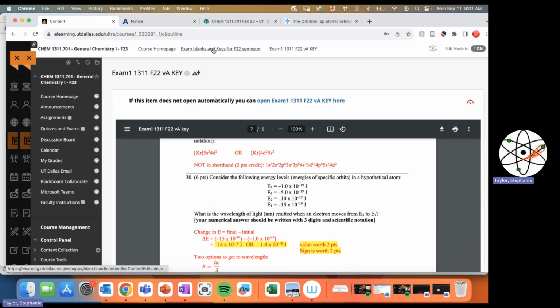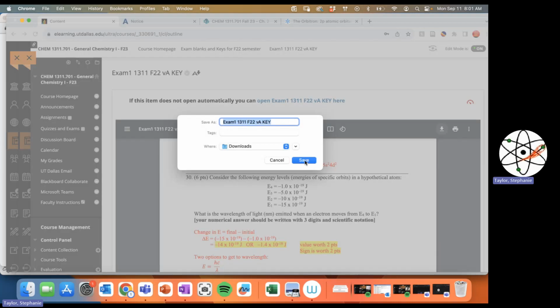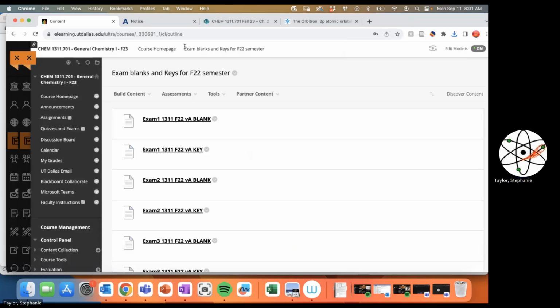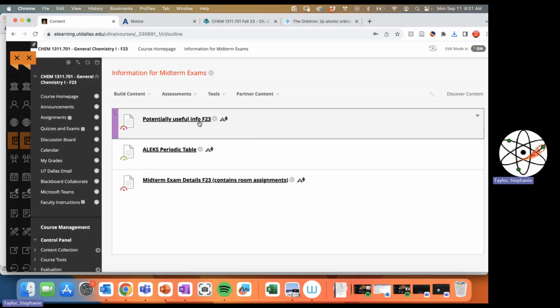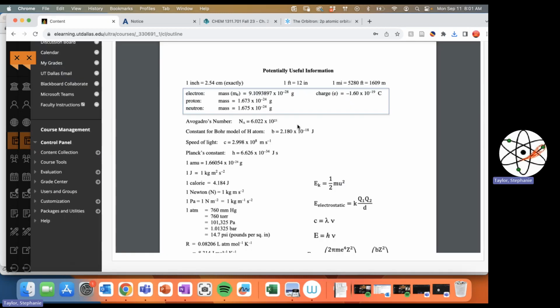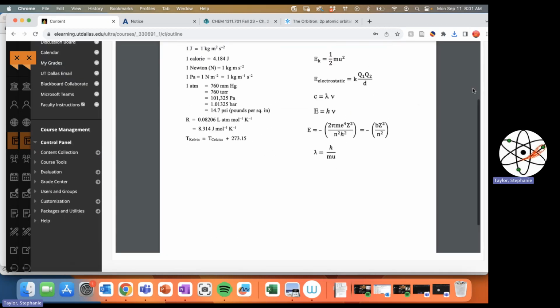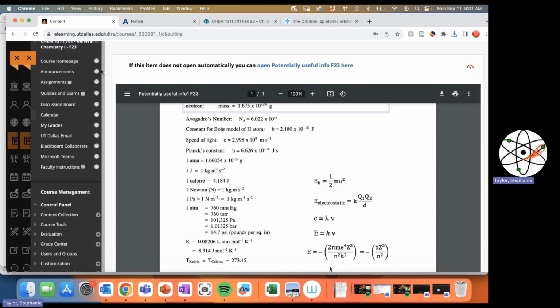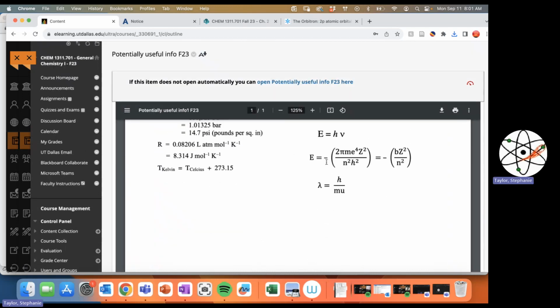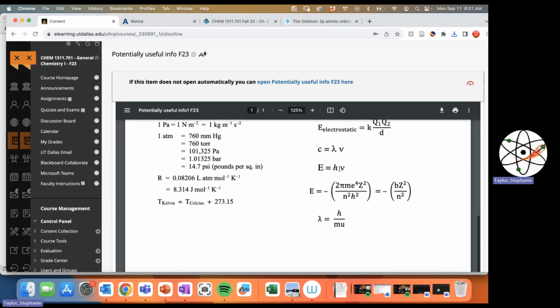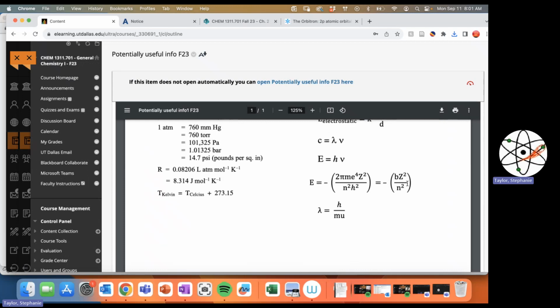Whoops, but that's not what I was looking at last. I might need that later. I need your potentially useful information because I'm going to show you how to use the equations that are on here. So one of the equations that you have on here is this thing with E. We're going to be using energy a couple different ways, but we're going to use this negative bZ squared over n squared.